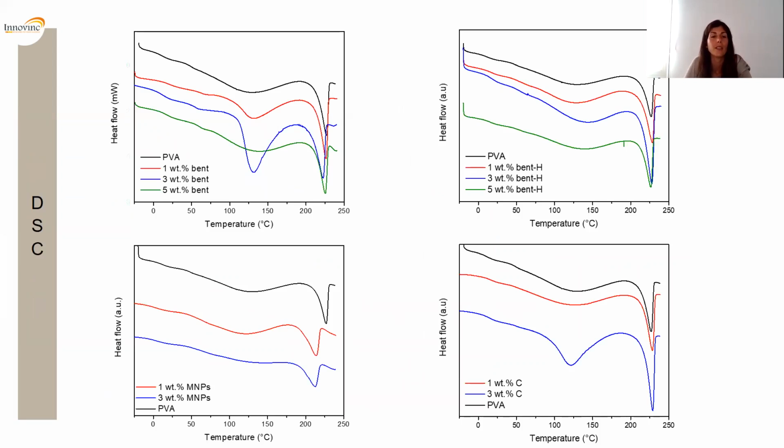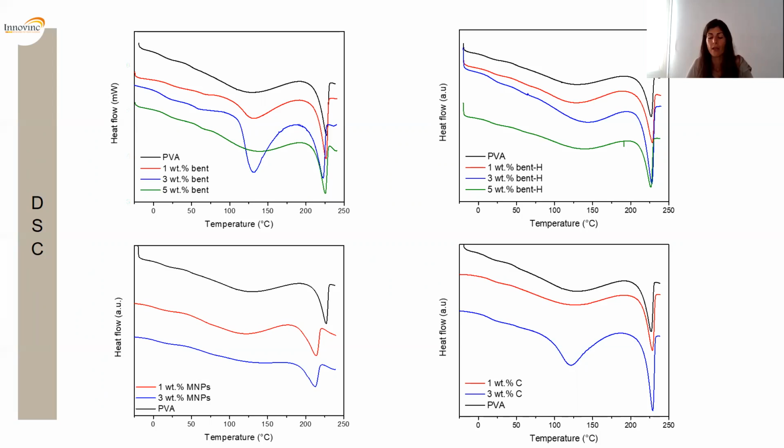Here we have the differential scanning calorimetry measurements, and we can see that in almost all cases we have a double glass transition temperature, which is quite common in PVA hydrogels. And in all cases, the glass transition temperature values slightly increase with the filler incorporation, and this can be explained in terms of the PVA chain mobility.